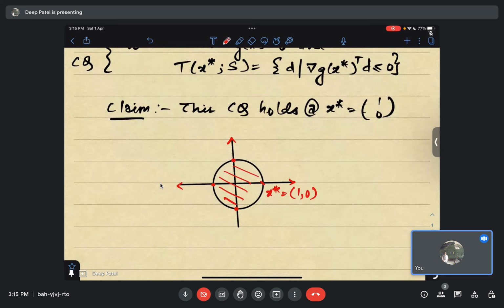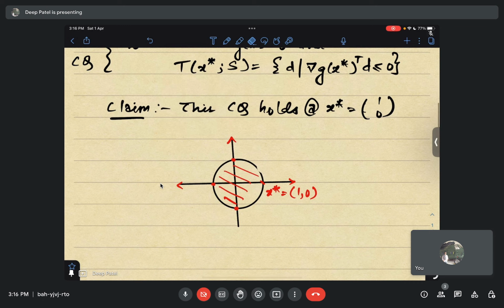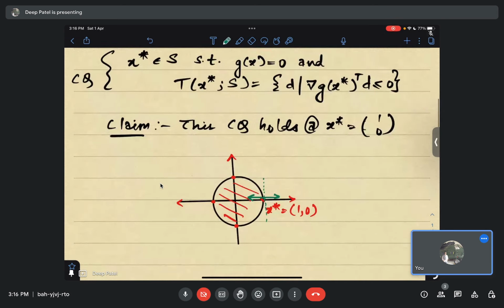First of all, at this point x star, where will the gradient for the constraint be pointed towards? It should point towards the left, right? Basically orthogonal, either here or here, depending on the function contours.